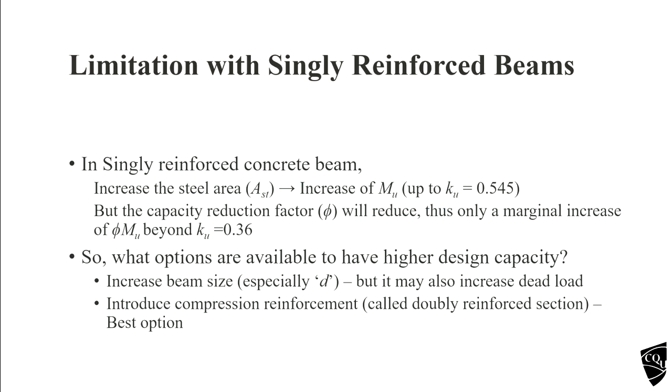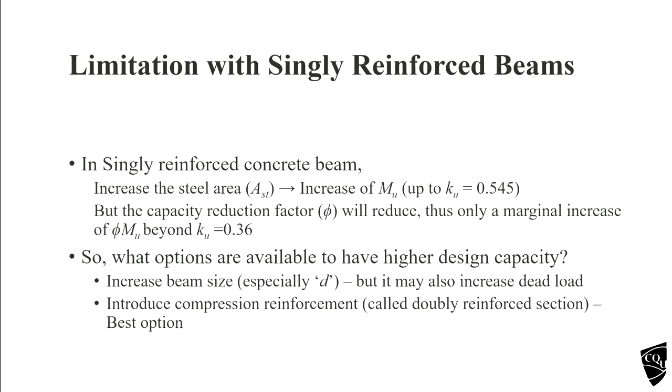After that it will reduce, because your steel will not yield. The problem is the standard says you cannot go more than 0.36 Ku. If you put more and more steel, Ku will increase, so an under-reinforced section becomes a balance section, and if you put in more, it becomes an over-reinforced section. We don't want to have those things.